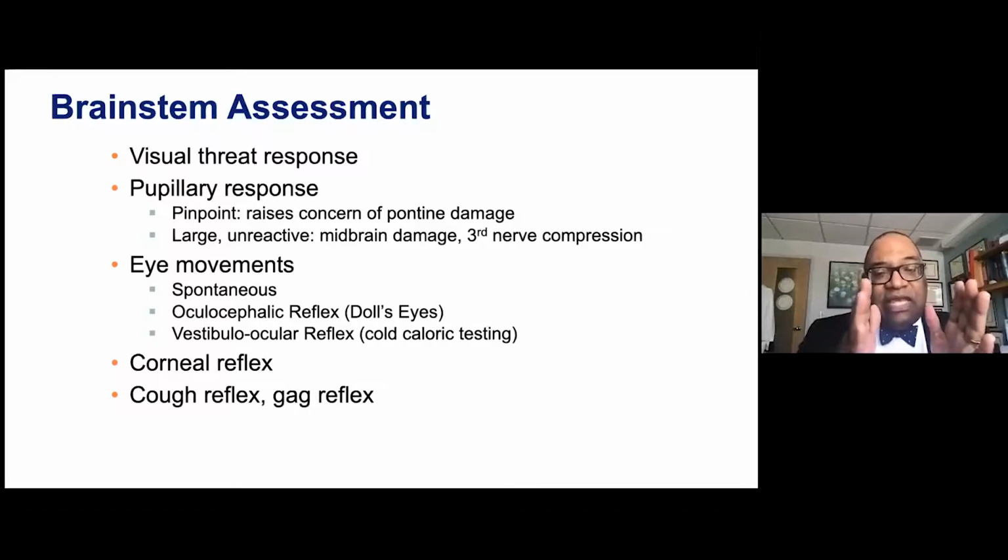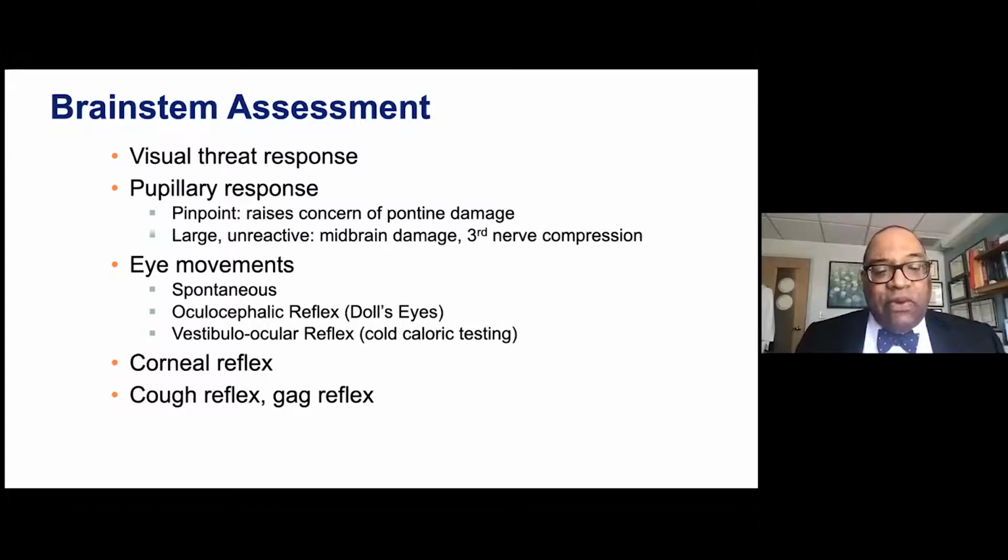If we don't see any movement, we know that there has been severe damage along the pathway, or if we just see one eye move over or the contralateral eye move over, we know that there has been significant brainstem damage that we should be aware of. And we test each ear independently. Next, we will look at the corneal reflex.